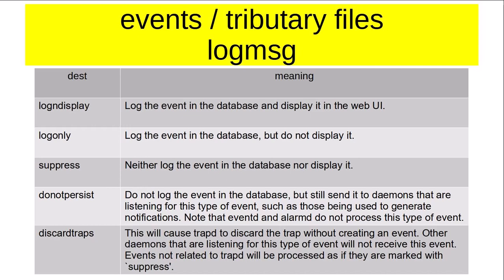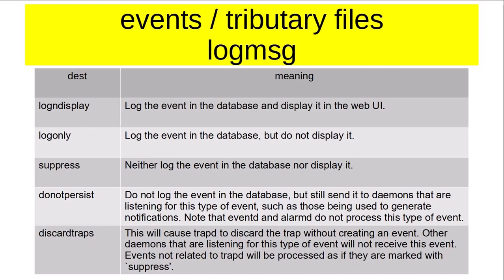It is for the Netgear ProSafe smart switch, and it references the event config update start. Donotpersist will not log the event in the database, but will send it to daemons that are listening for this type of event, such as those being used to generate notifications. Note that eventd and alarmd do not process this type of event.